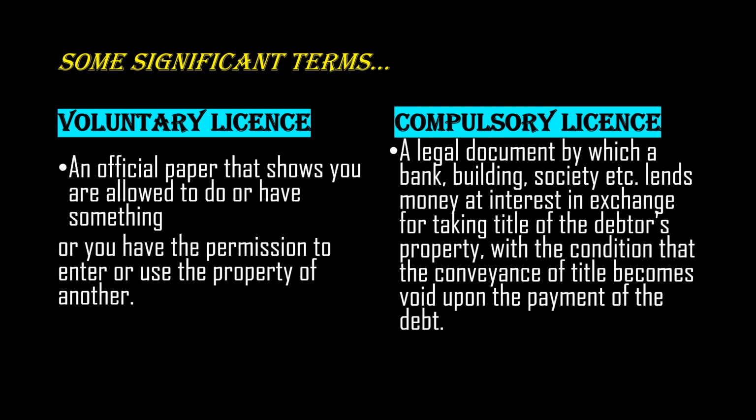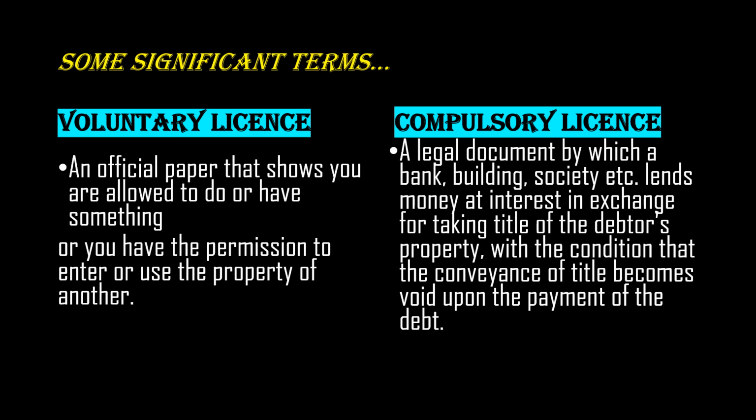We have heard about the terms like voluntary license and compulsory license. So let me compare the two. What is a voluntary license? A license is an official paper that shows you are allowed to do or have something, or you have the permission to enter or use the property of another. This is simple. That means in normal terms, whenever you utter the term license, it is voluntary license.